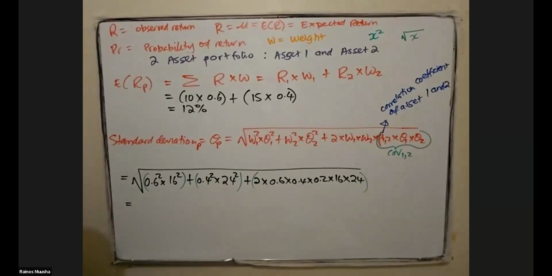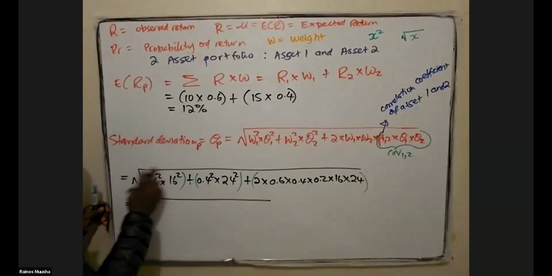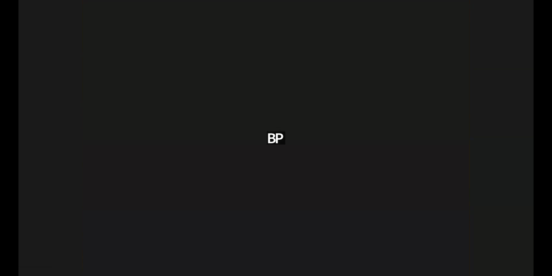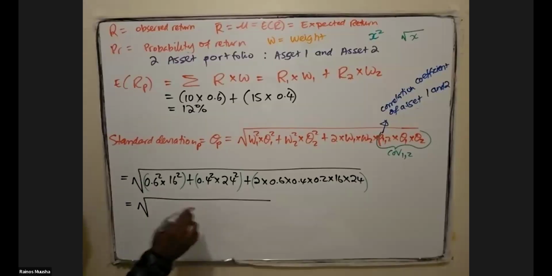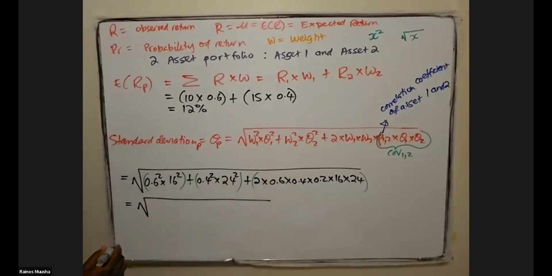So how much are you getting for the first calculation? If you calculate here, how much would you get? 14.8722. All right. I'm just going to break it down into these different components to make it easier for others to follow as well.